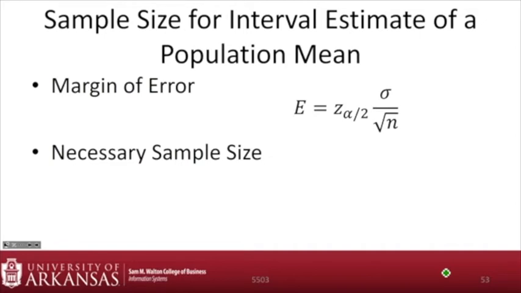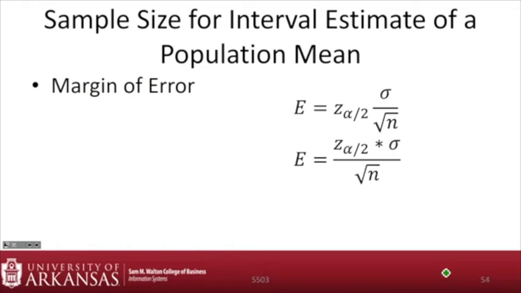So, how many of you love algebra? You're like, I'm not going to admit it, but I kind of do. All we're going to do is rearrange this equation. The first thing we can do is put z alpha over 2 over 1, and the equation looks like this. Then I can multiply by the square root of n, move it over, and divide by e, the margin of error.